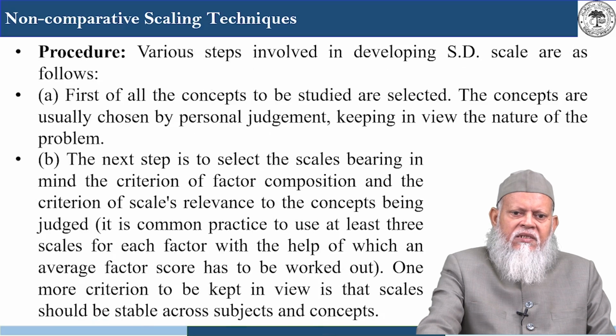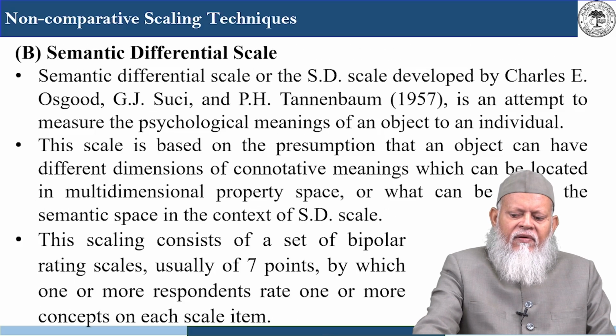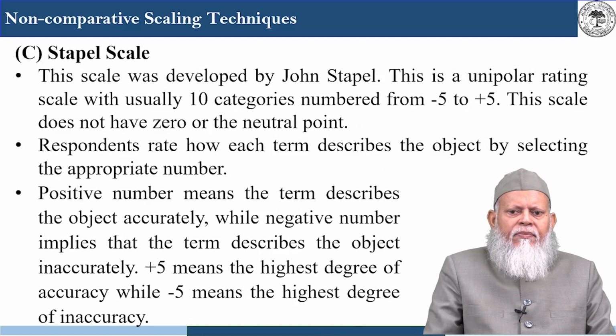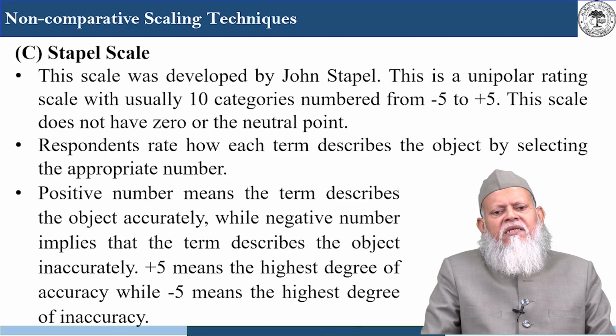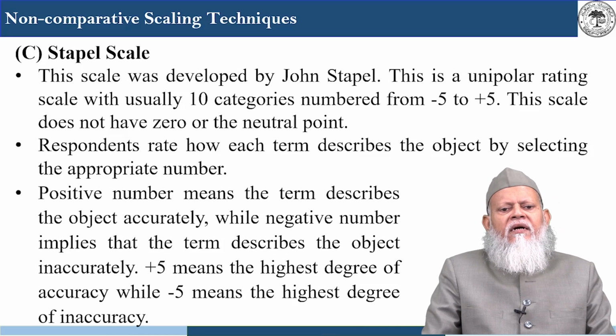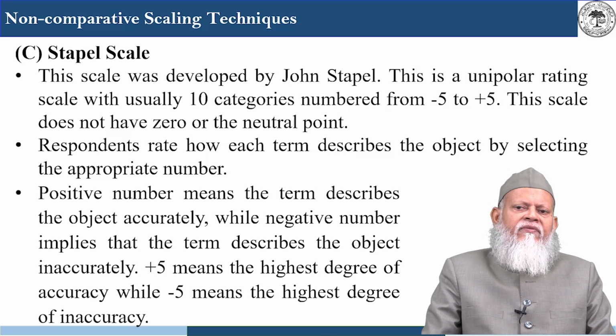So this is the semantic differential scale which we have studied, and then we quickly cover the next, the Stapel scale. What is the Stapel scale? The Stapel scale is in the name of John Stapel, who developed this scale. This is a unipolar rating scale with usually 10 categories numbered from -5 to +5. This scale does not have 0 or the neutral point.